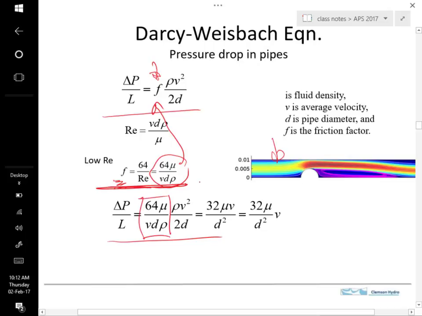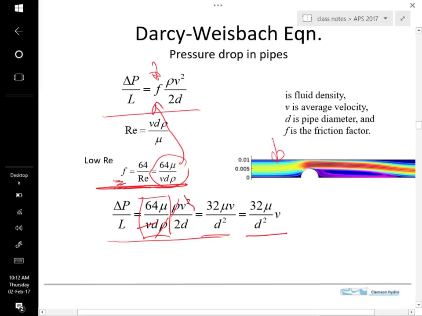You can see there's some stuff that cancels out. The density cancels, and importantly, this is velocity, so that velocity cancels with that. You end up with this, which simplifies down to that.